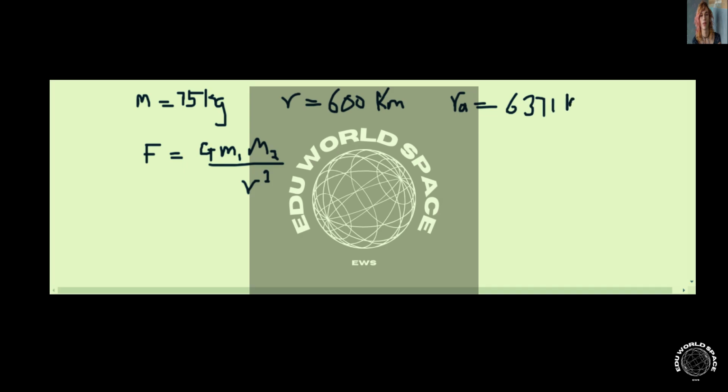Since Newton said the distance between the masses is between their centers, we are going to modify the equation and say that the force is equal to the mass m1 times the mass m2, divided by the sum of the distance between the astronaut and the Earth's surface, r1, plus rA. Here, R1 is the distance between the astronaut and the surface of the Earth, and R subscript A is the radius of the Earth.